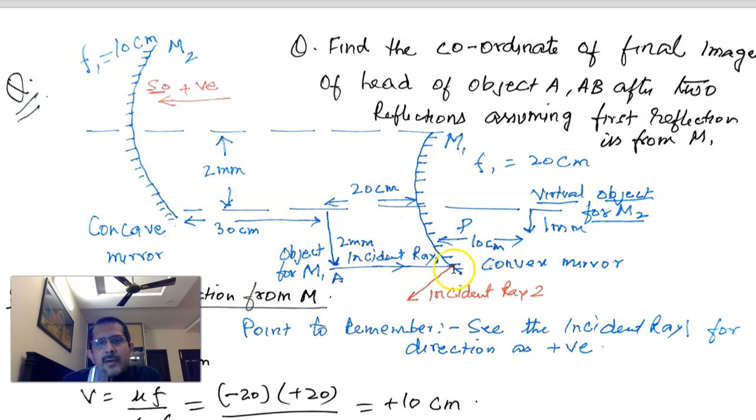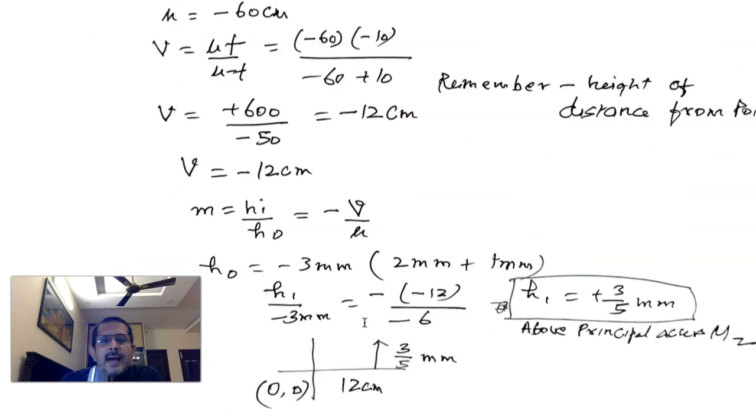That is why, when we spoke about this, it was 2 plus 1, because we were talking about this mirror. That gives us the final height of the image after the second reflection, above the principal axis of M2.